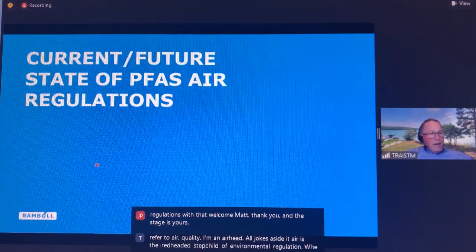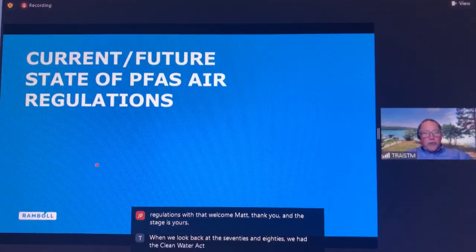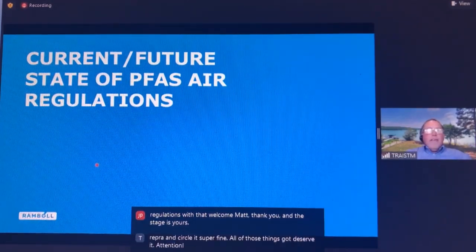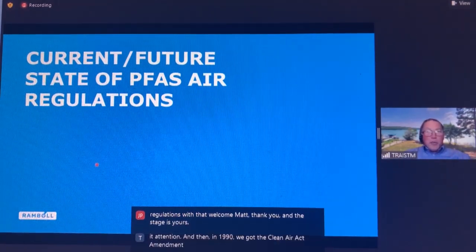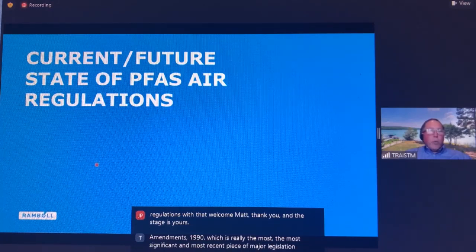When we look back at the 70s and 80s, we had the Clean Water Act, we had RCRA and CERCLA and Superfund. All of those things got deserved attention. And then in 1990, we got the Clean Air Act amendments of 1990, which is really the most significant and most recent piece of major legislation, air, water, waste.